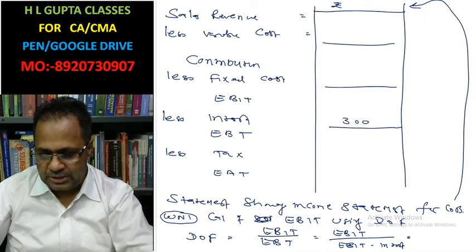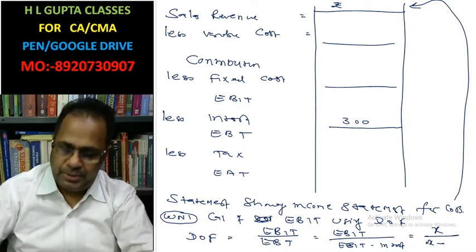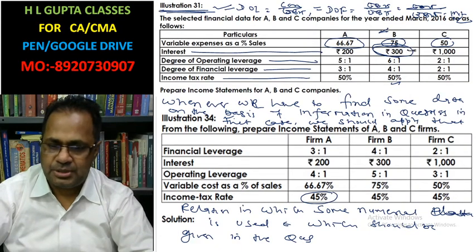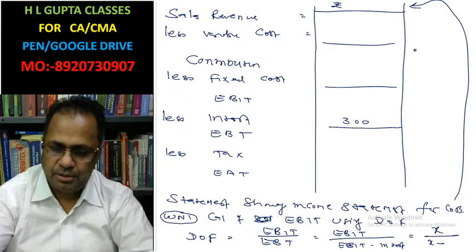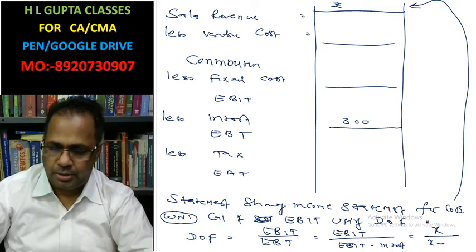Let this be X for company B. The interest is 300.